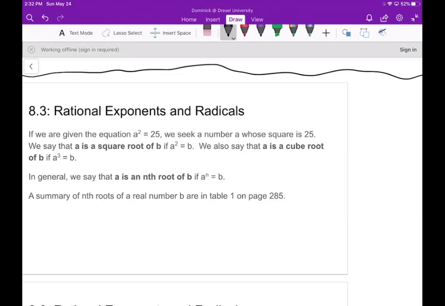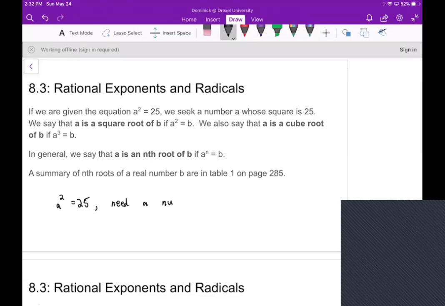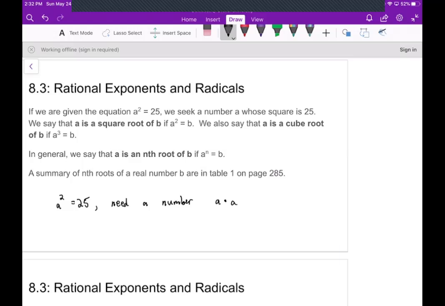For example, let's start off with something like a squared is equal to 25. If you're given that, you're looking for a number such that if you were to take that number and multiply it by itself, you would get 25.